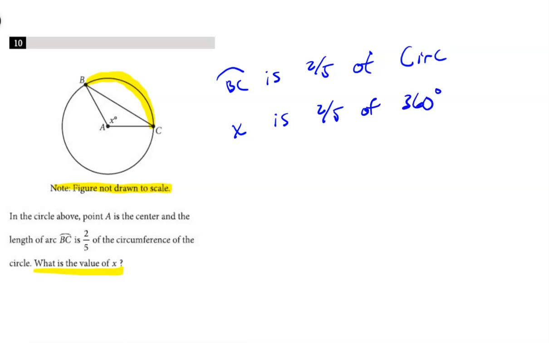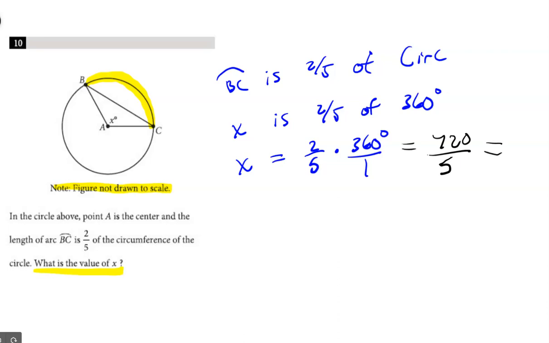All right, x is 2/5 of 360. So x is 2/5 of 360 degrees. And I'm going to just multiply across here. So that would be 720 over 5, which 5 goes in there 144 times. So the final answer for this one is 144 degrees, because that's 2/5 of 360.